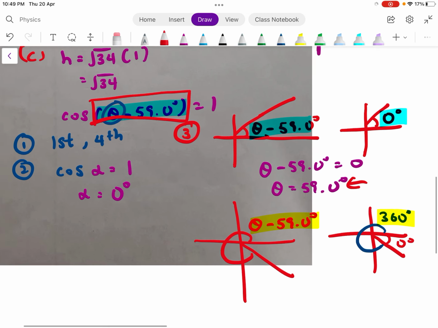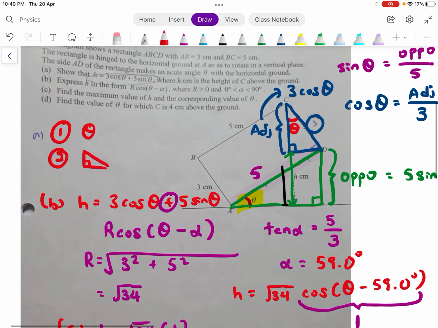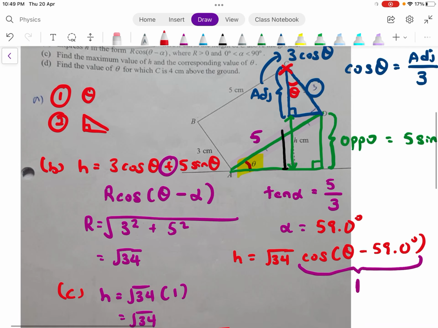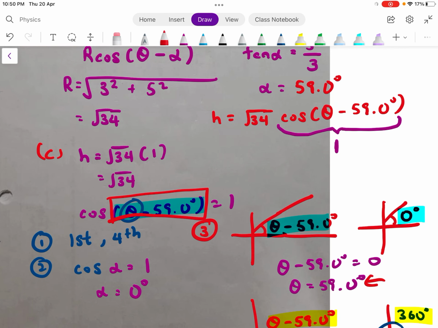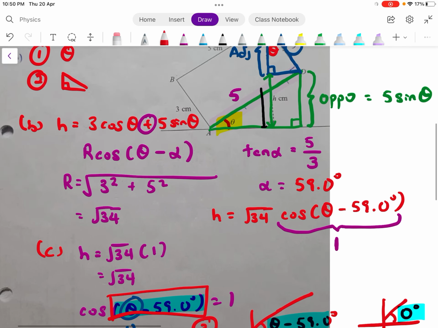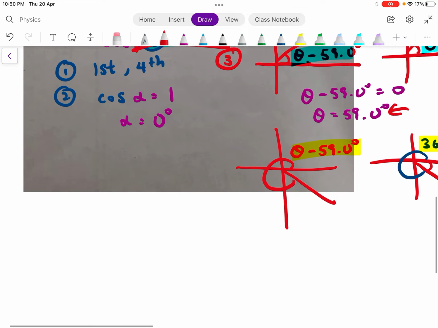Alright. Okay, so now let's move on to the last part. They want us to find the value of theta for which C is 4 cm above the ground. So how do I solve this? First of all, let's go back to the R formula. Square root 34 cos(theta minus 59.0 degree) just equate to 4 cm. Then you solve accordingly.